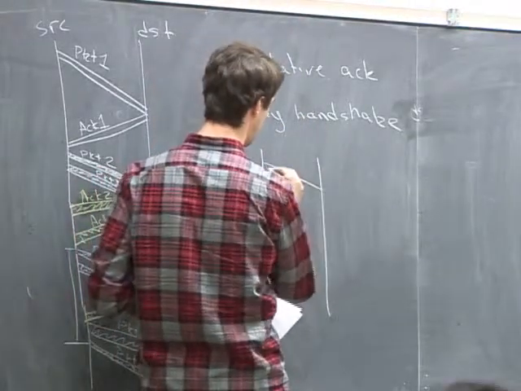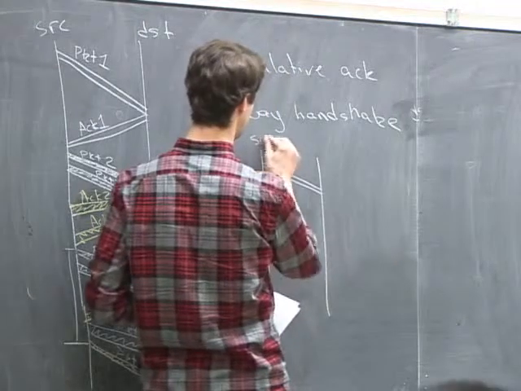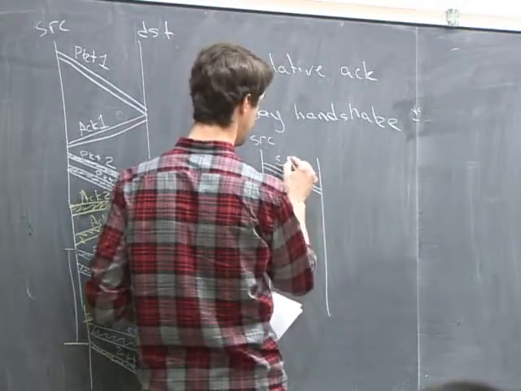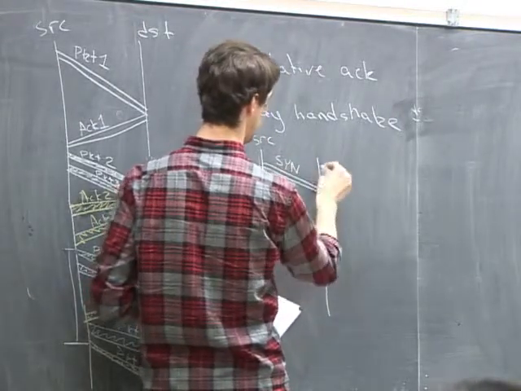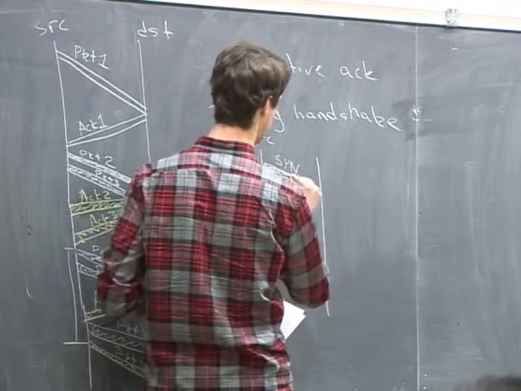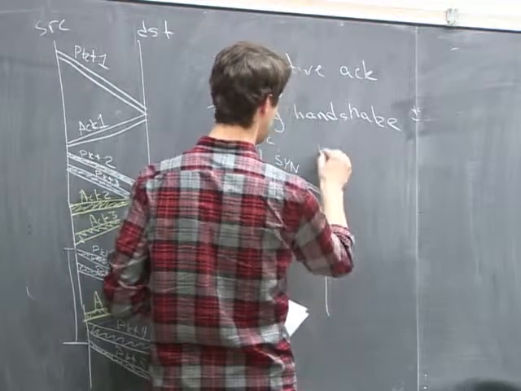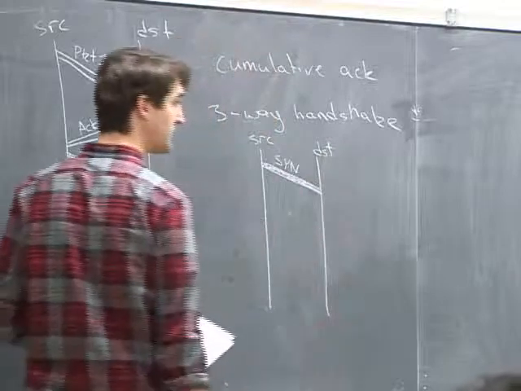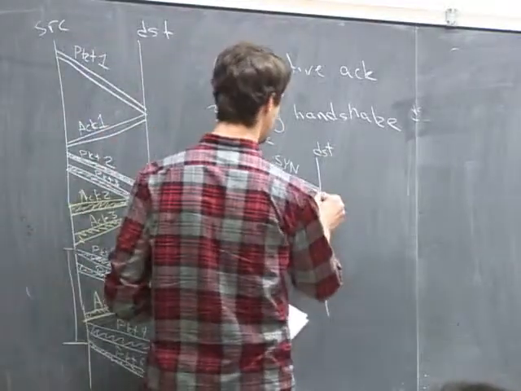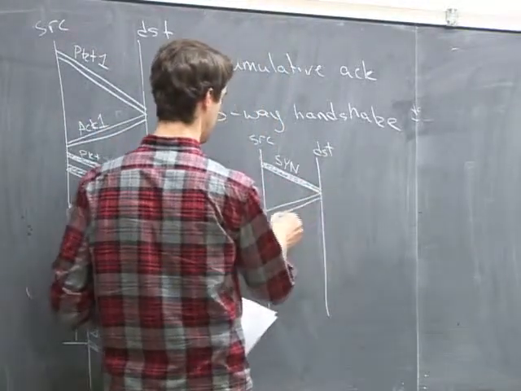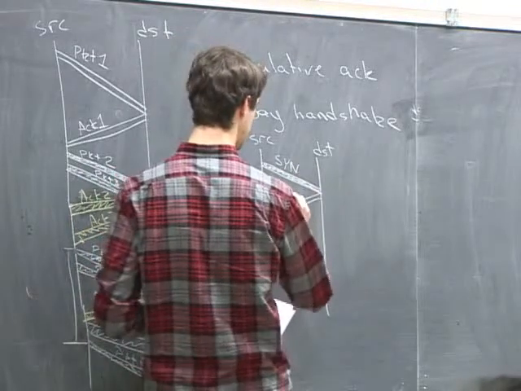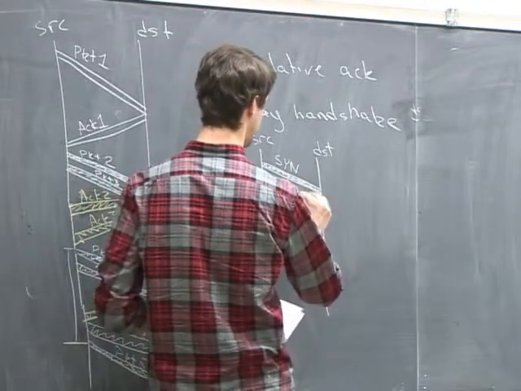What happens is the source sends a thing called a SYN, saying, hi, I'd like to open a connection to you, to the destination. Then the destination sends an acknowledgement of this SYN, so it sends a SYN ACK.